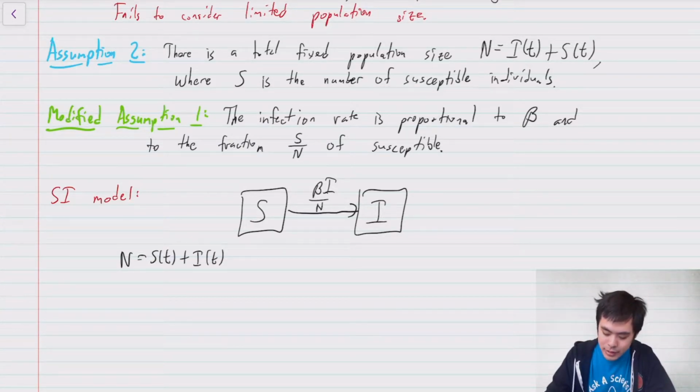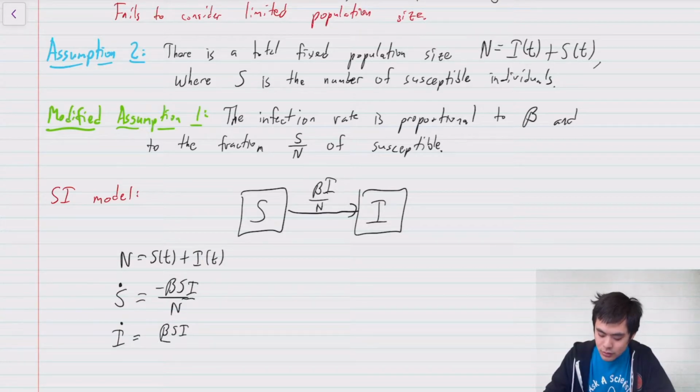And we have S dot, where S dot is dS/dt of t. I'm not going to write out the of t's; they're just going to be implicit for notational simplicity. So this is going to be minus beta S I over N, and I dot is going to be equal to beta S I over N.